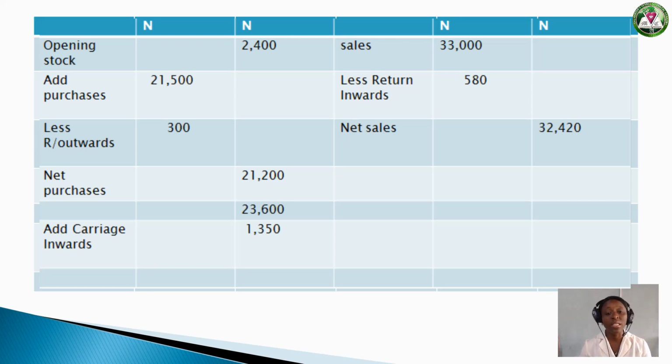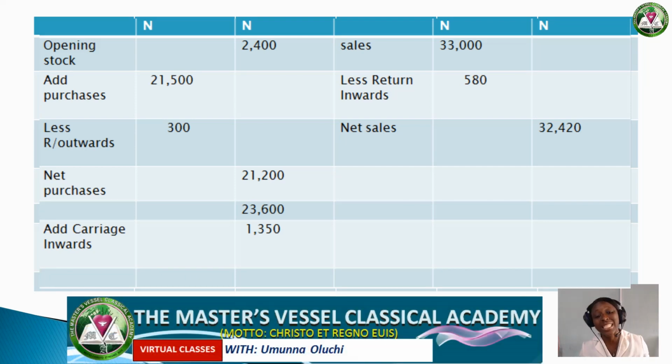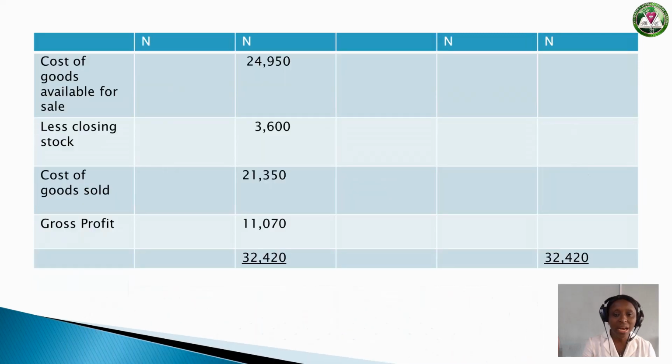It gave us 21,200. That is our net purchase. Remember how we determine our net purchase? Purchases minus anything you return back to the seller. So that is the net purchase. Now when we add our carriage inwards, which gave rise to 24,950, it is the cost of goods available for sale, the worth of goods we have in stock.